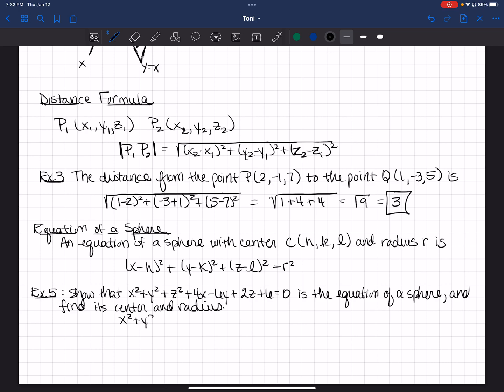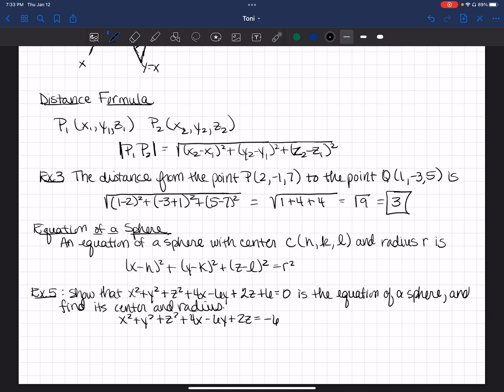So I write down the equation, and then remember, you're going to have to complete the square for the x's, the y's, and the z's. I'm going to move that constant, that 6, to the other side.